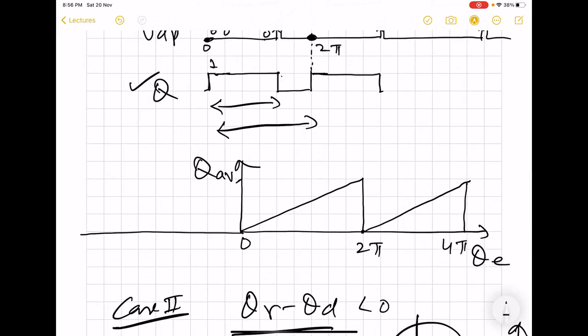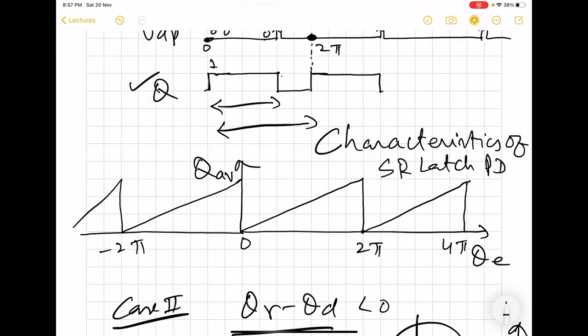Initially it will be large, and then it will decrease like this. So this is going to be the characteristic of the SR latch based PD, phase detector.